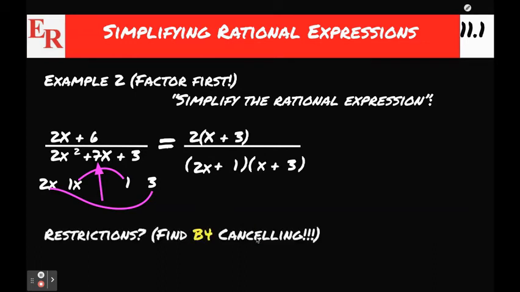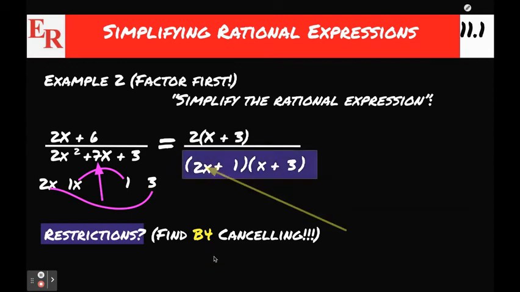Now we have to ask ourselves, are there any restrictions? And remember, we find those before canceling by looking at the denominator and asking ourselves, what could go in for x that would make 2x plus 1 equal to 0? What can go in for x that would make x plus 3 equal to 0?